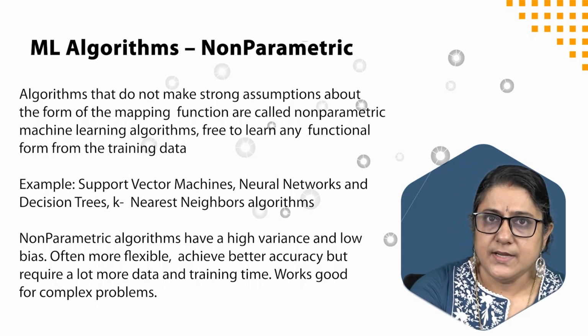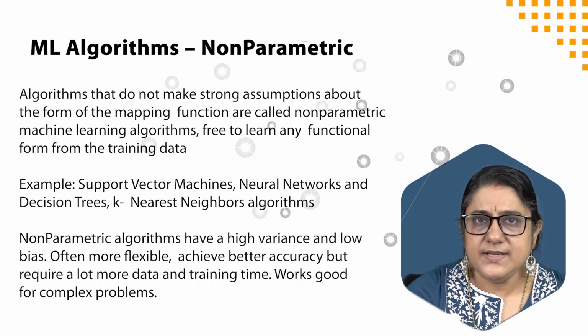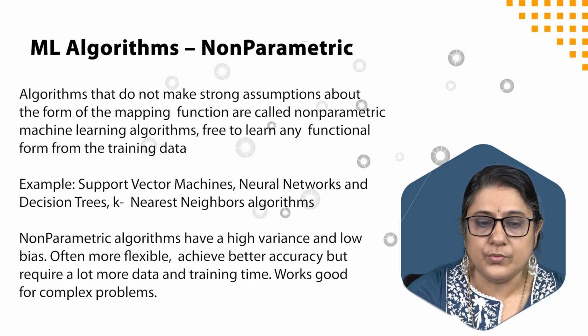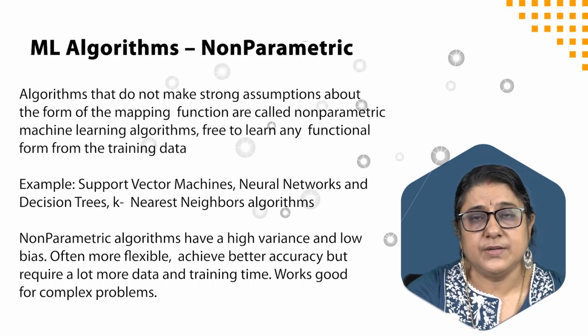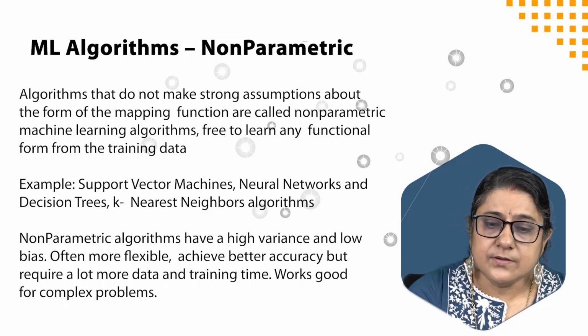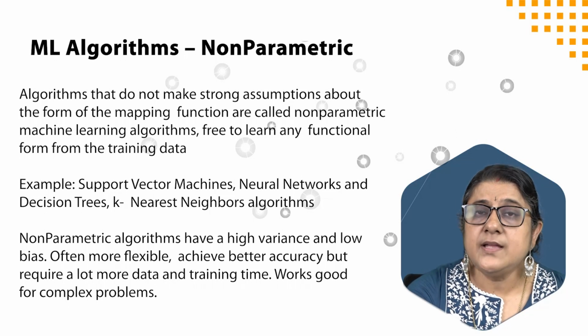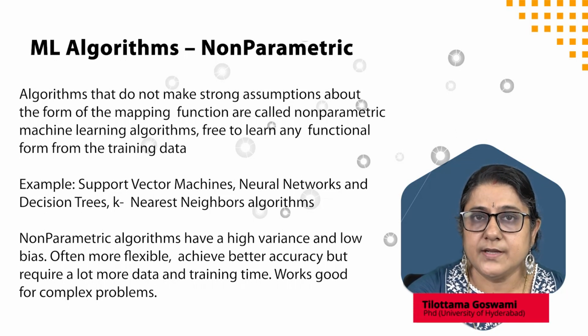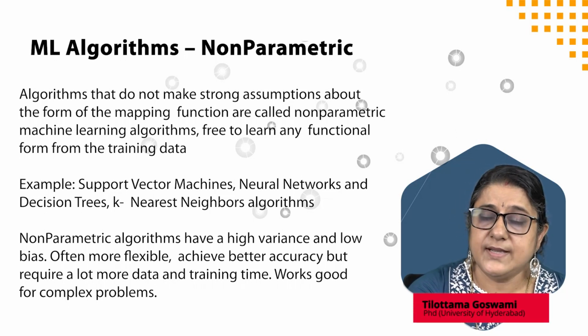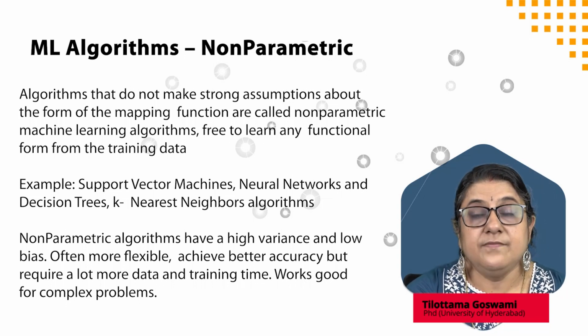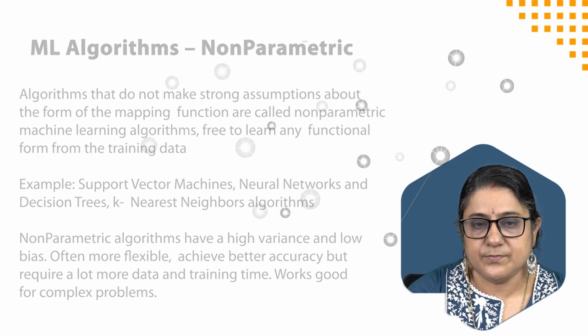So basically non-linearity can be easily learned because it can explore more, and they have a high variance but a low bias. So it's flexible but achieves better accuracy when a large amount of input data is given, and it requires a lot more data and more training time. It works very well for complex problems.